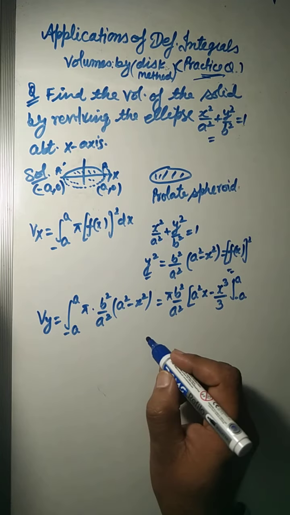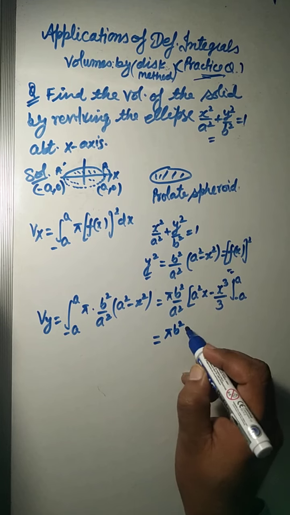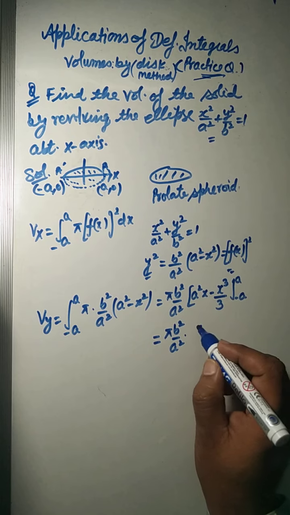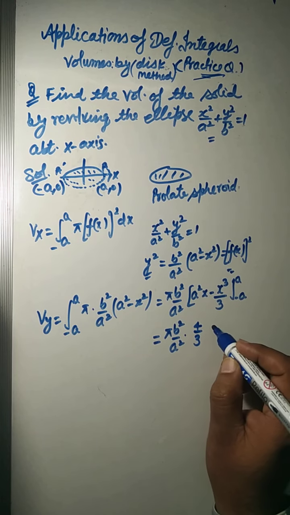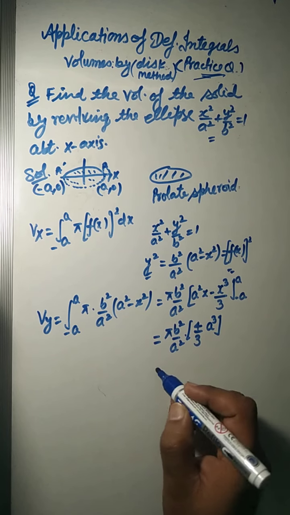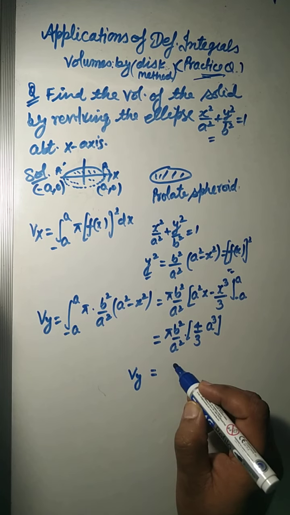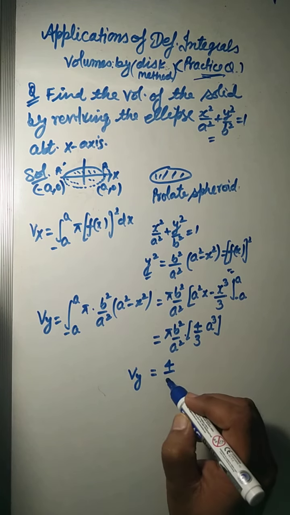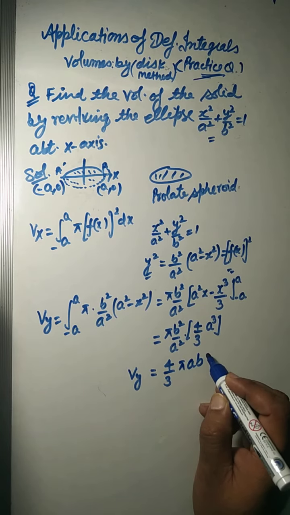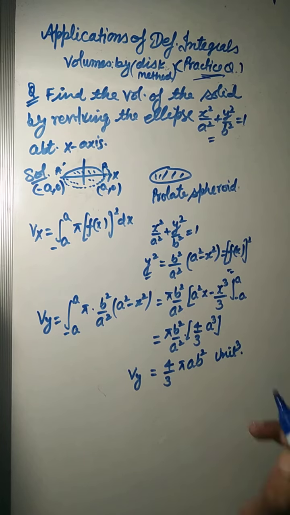After simplification, this gives us pi b squared upon a squared times 4 upon 3 a cubed, and this gives us four upon 3 pi a b squared unit cubed.